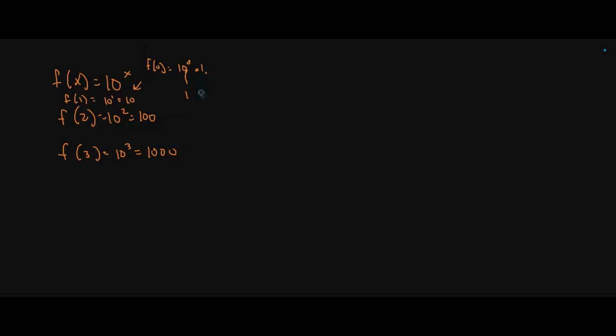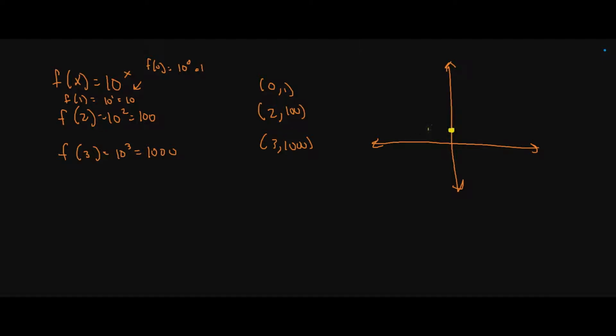That's just because the 0 exponent just means 10 divided by 10, which is 1. So we got a couple points here. Let me write some of these down. We got 0, 1, we got 2, 100, and 3, 1000. So if we were to graph this, on the x and y axes, we basically have 0, 1, which is right there.